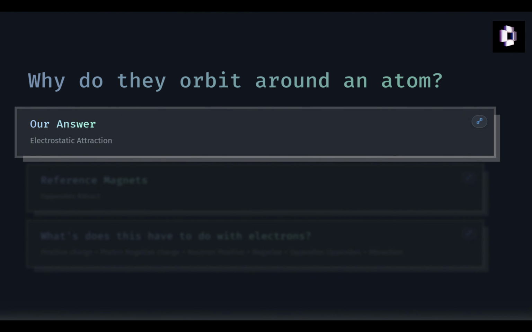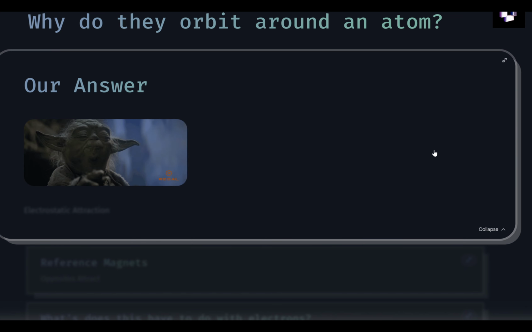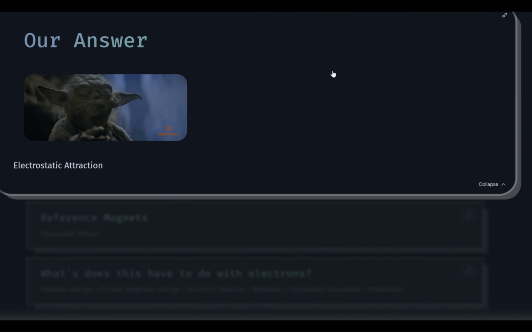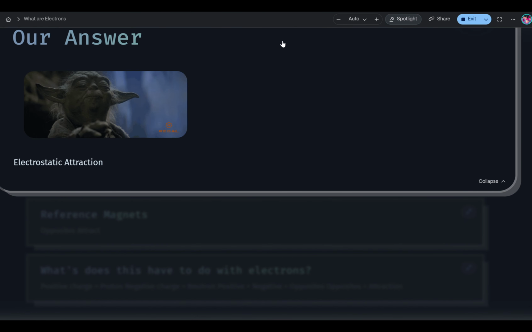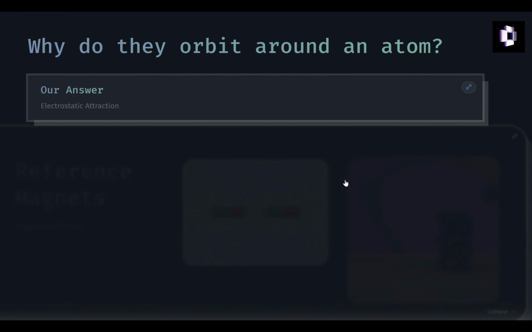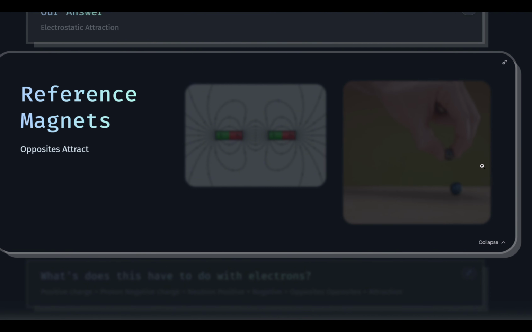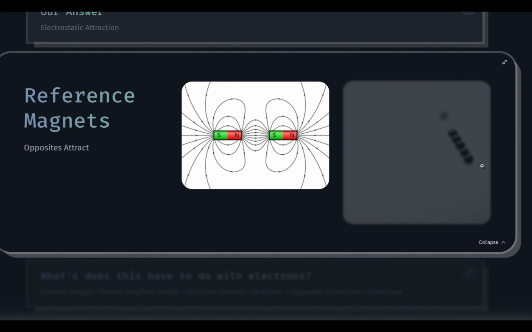Well, our answer is that it is due to electrostatic attraction, similar to how a magnet's north pole is attracted to a south pole.